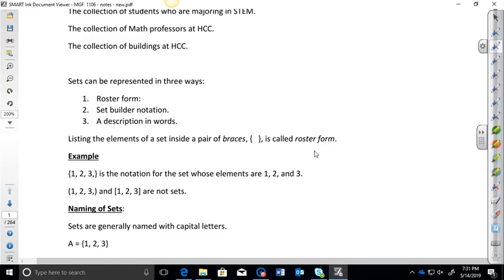So this is set builder notation, this is roster form, this is description. In description, we don't use any set notation. Okay, so those are the three different representations of a set. A set can be in roster form, or set builder notation, or description in words.